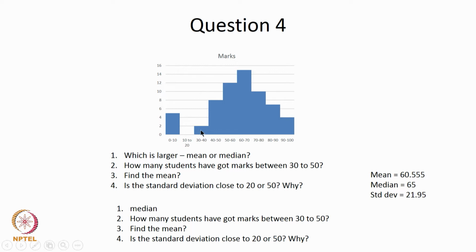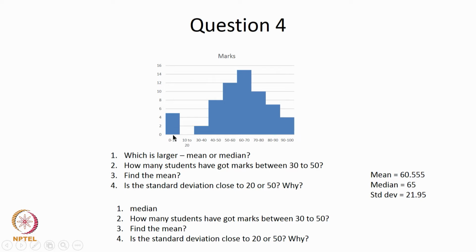So, 30 to 40 there are 2 students, 40 to 50 there are 8 students. So, 10 students have got marks between 30 and 50. Find the mean: we can actually calculate the mean. 0 to 10, the frequency is 5; 30 to 40, the frequency is 2, and so on. We take each of these ranges and take the midpoint.